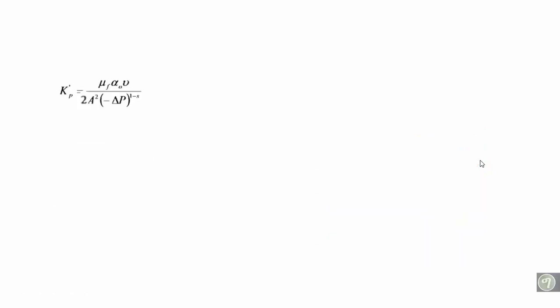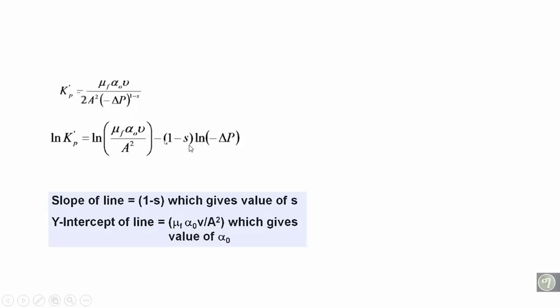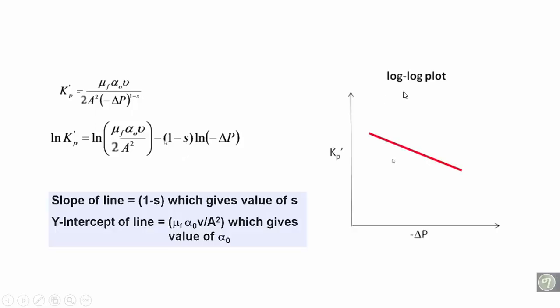Therefore, you have to take the logarithm of this Kp equation and change it into a linear equation. From this, you will find that y equals mx plus b, a linear equation, can be produced. So if you draw the logarithm graph of Kp versus delta P, ln Kp versus ln delta P, you will find such a line, which gives a negative slope.